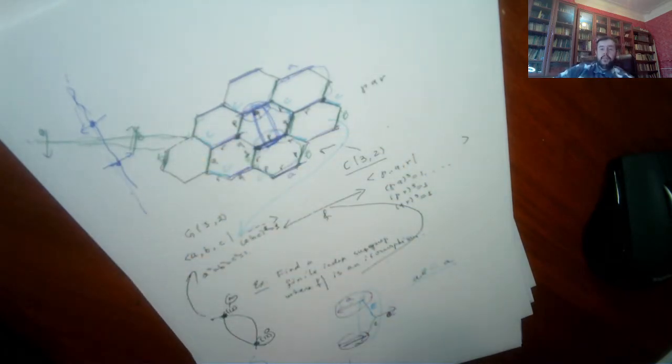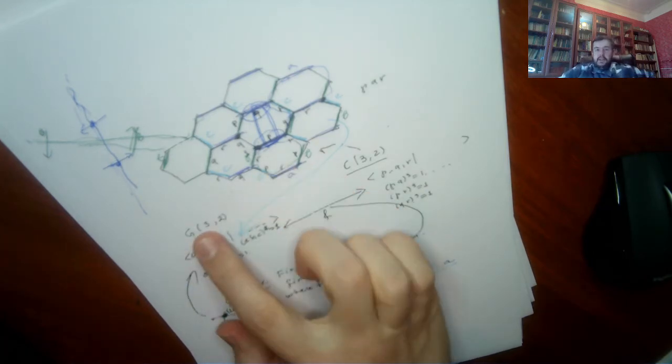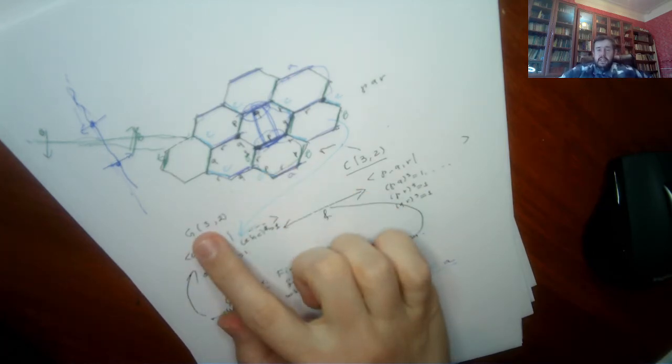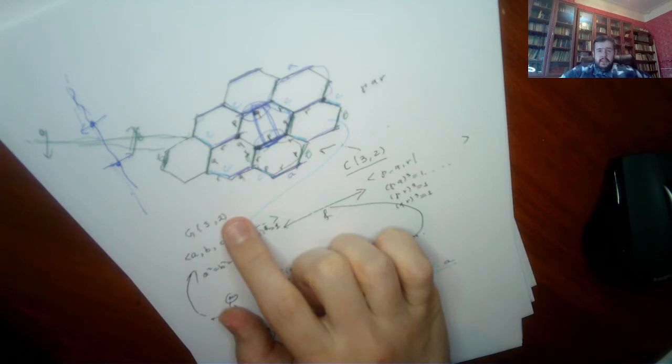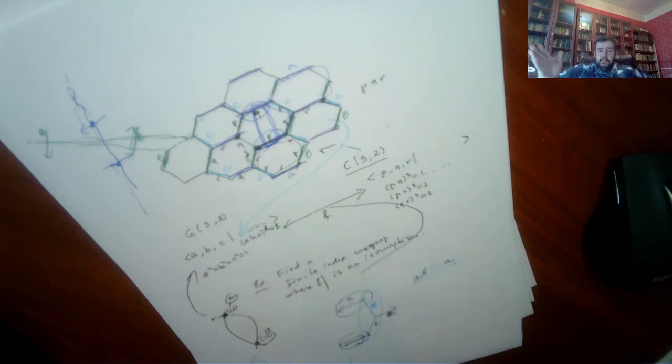So you see, for the presentation of G32, we see possible cancellations. Possible cancellations, for example, for the letter A, correspond to edges with the same slope. I mean, here with horizontal edges, one is going forward and the other is going backward. And actually, they have to have the same first coordinate.